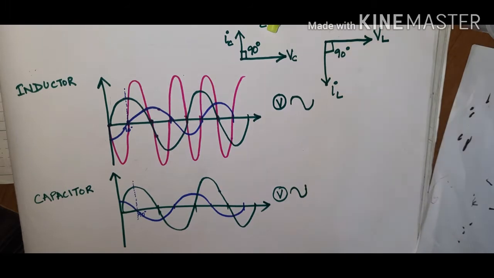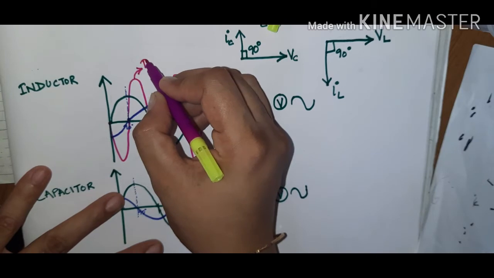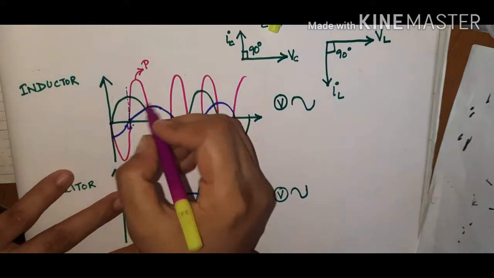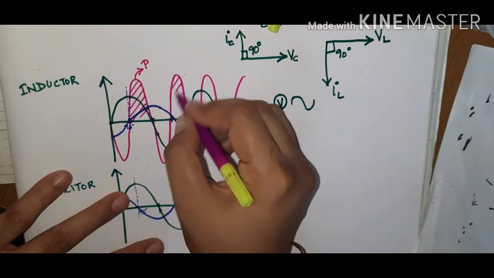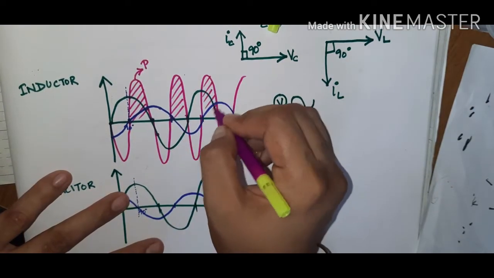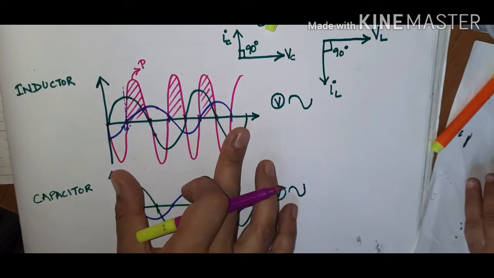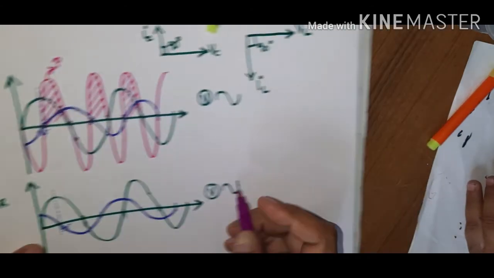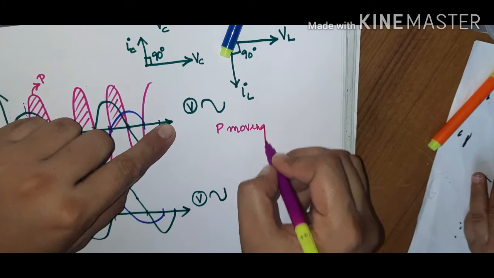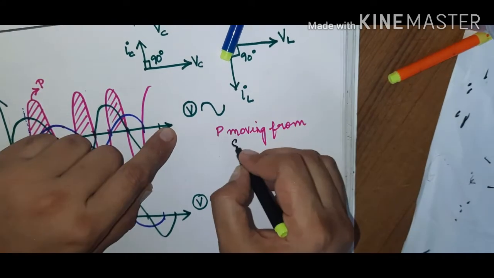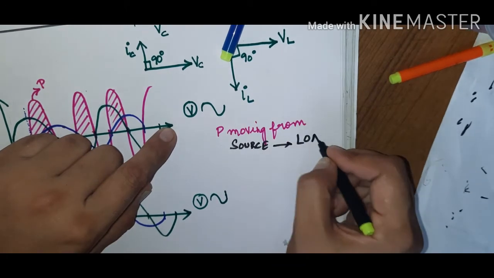Now let me tell you that when there is a waveform indicating the power, the positive half cycle of a power waveform indicates that the power is moving from source to load.